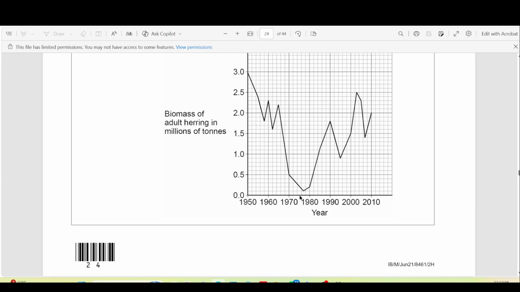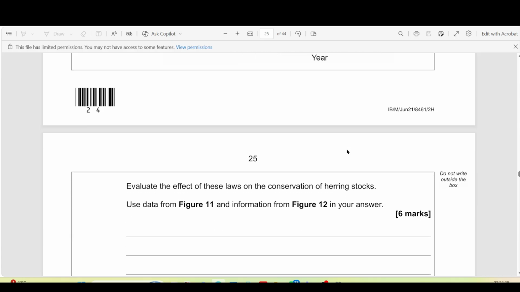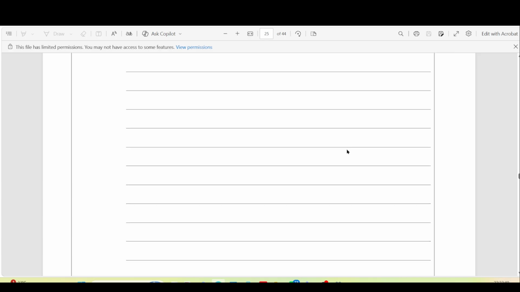So in 1997, when it was decreasing, fishing quotas were introduced, which again raised the biomass. So these laws were generally effective in preventing total stock collapse and maintaining the biomass.